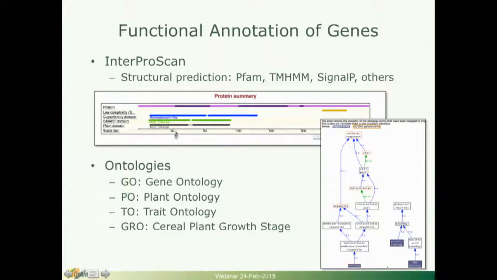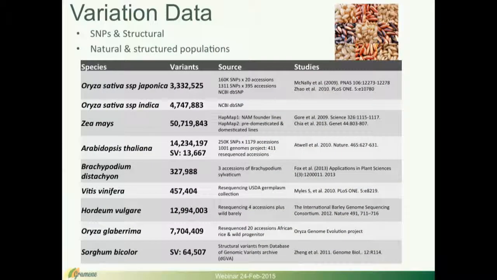And then also from this information, we assign ontologies, in particular the gene ontology, but we also have other ontologies, including plant ontology and trait ontologies. This information is provided graphically, for example here, but you can also get all of this information in tabular form so that you have exact details.